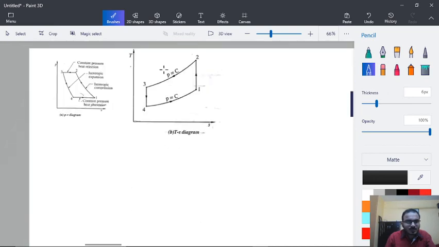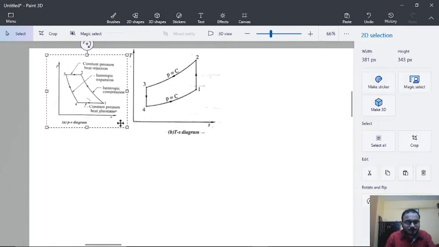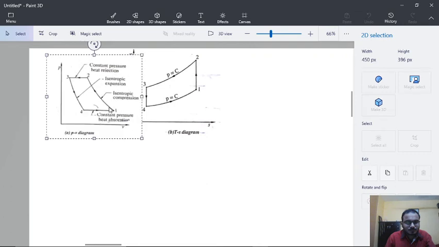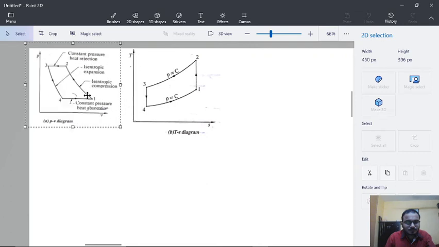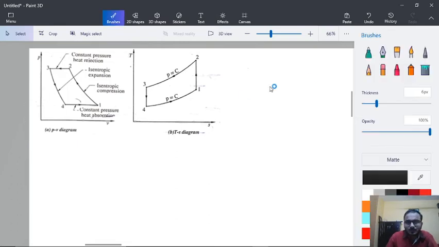So let's focus here. Let's begin with the Q net value.